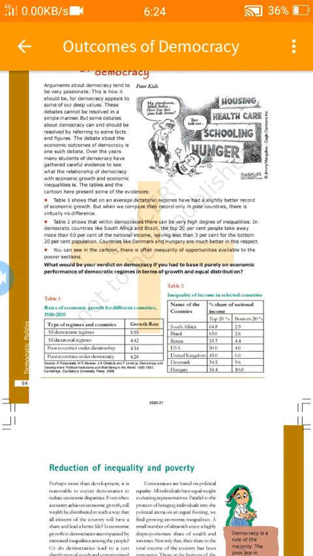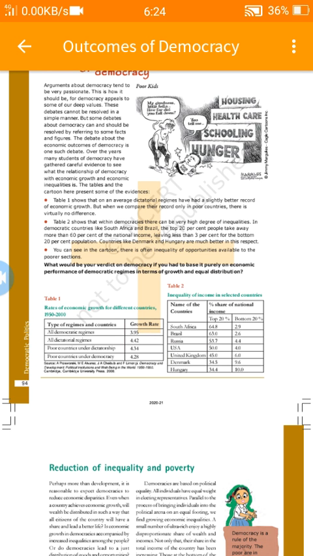Some are democratic countries, some non-democratic countries. They are underdeveloped, developing, and developed countries. So democracy gives an impact on economic outcomes.